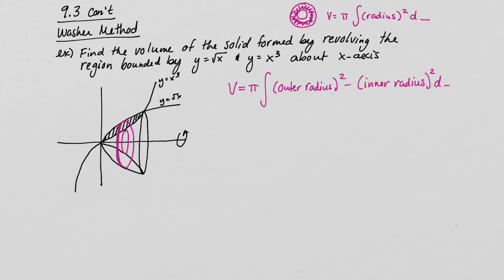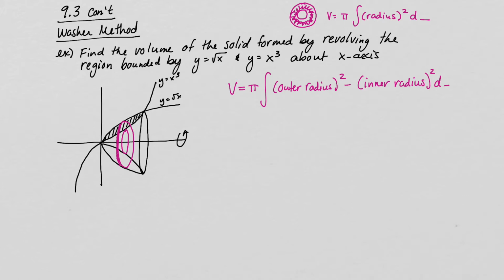And just like before, if I'm rotating around the x-axis, we're going to use a dx. If I'm rotating around the y-axis, we're going to use a dy. So, questions?